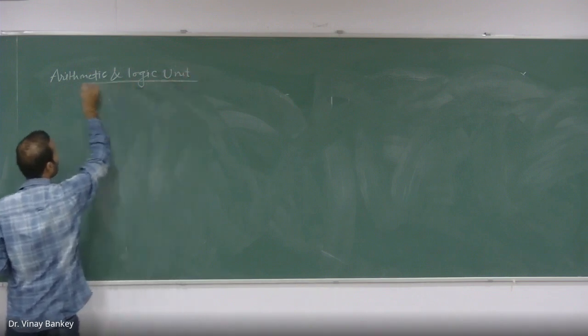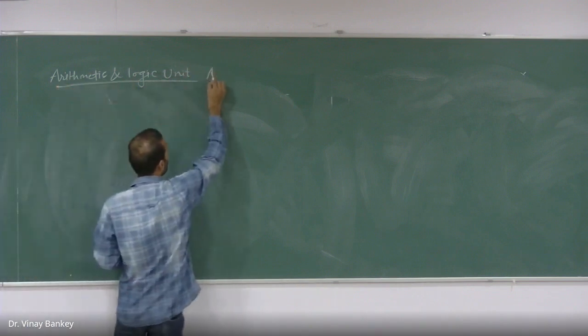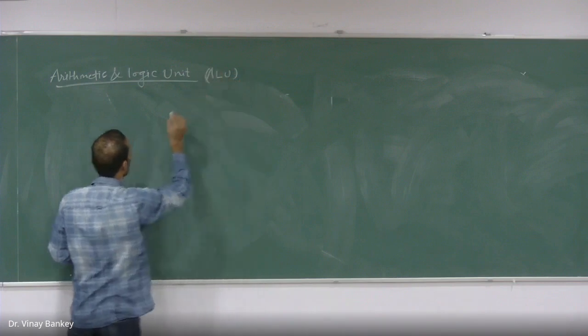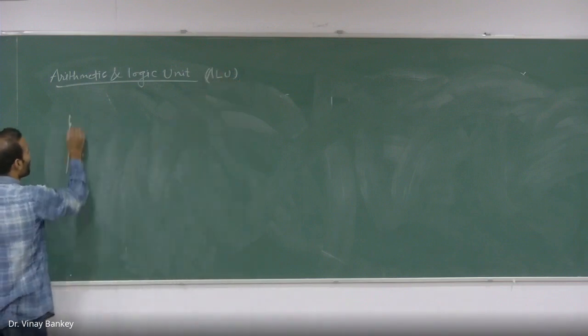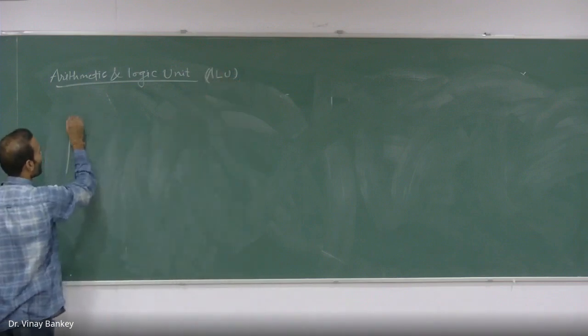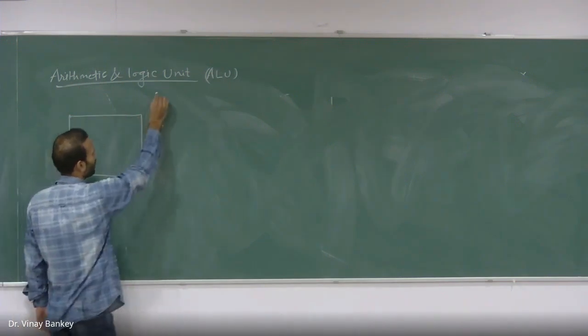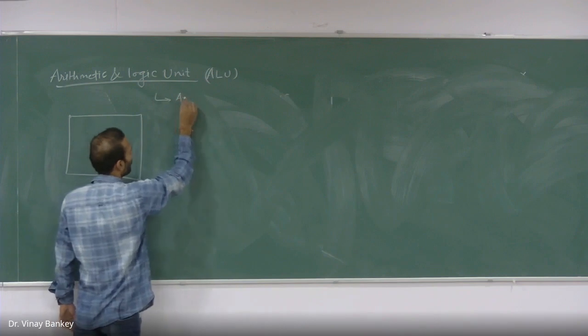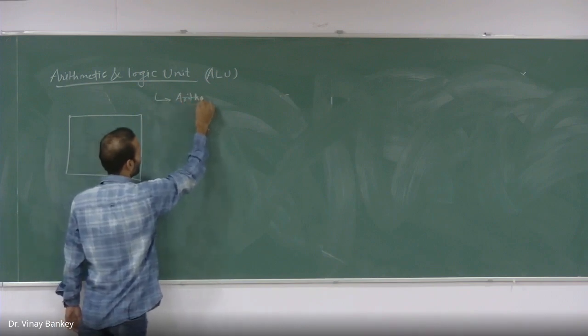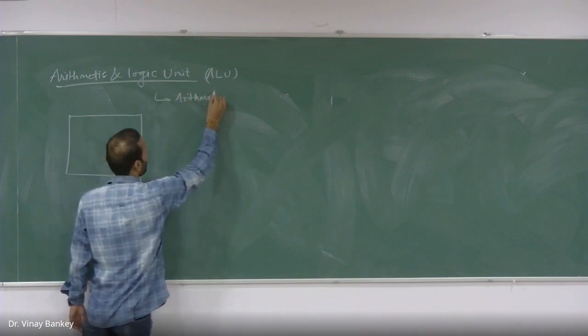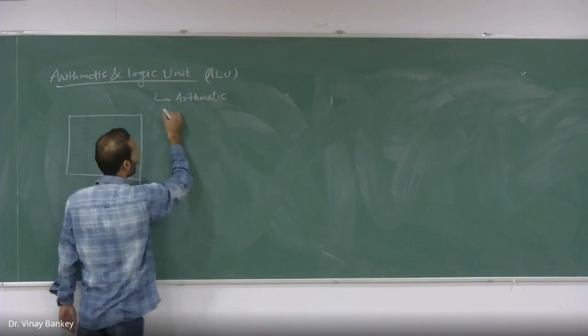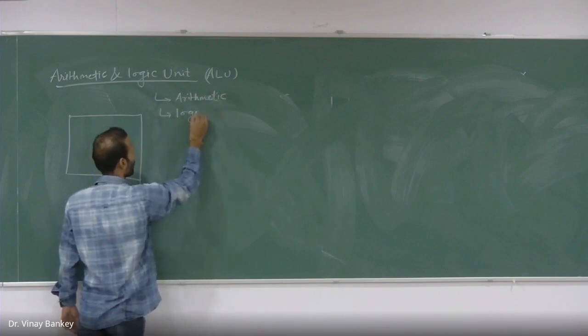Arithmetic and logic unit, so the abbreviation for this is ALU. The ALU is a combinational circuit which performs basically 2 types of operation. First is arithmetic operations, second is logical operations.